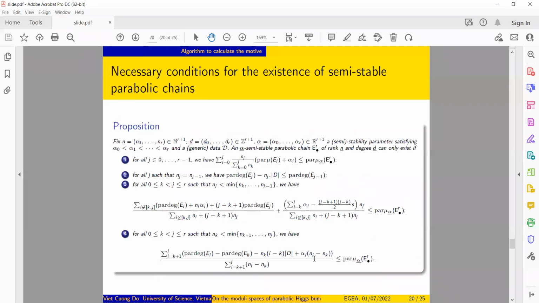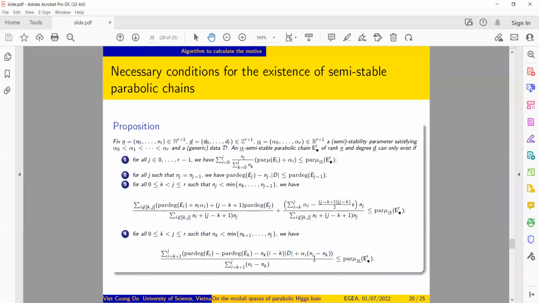Okay. So in the next slide, I give you some necessary condition for the existence of semi-stable Pareto chains. For fixed rank, fixed degree, fixed alpha, fixed weight, the question is: do we have an alpha semi-stable Pareto Higgs bundle satisfying this condition, with these invariants, or not?